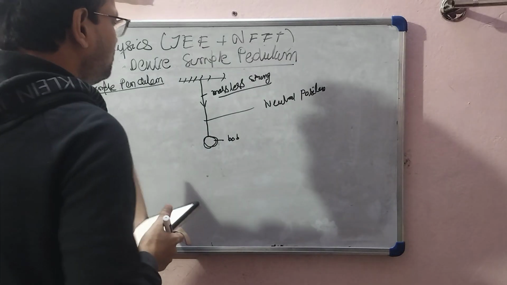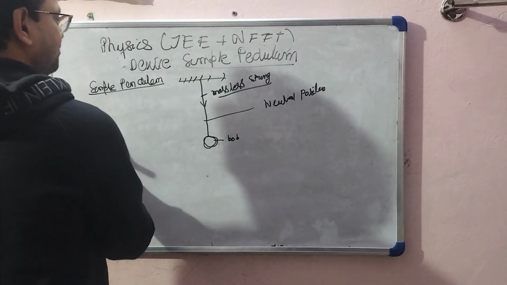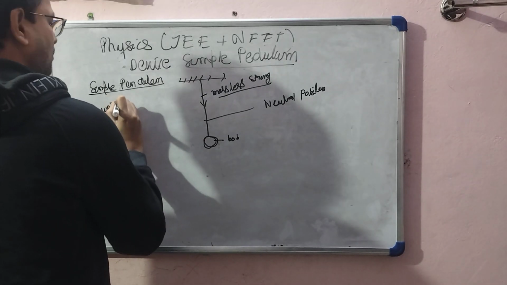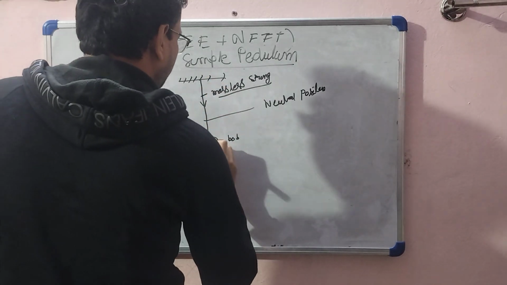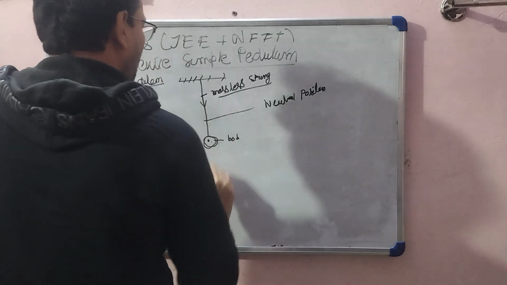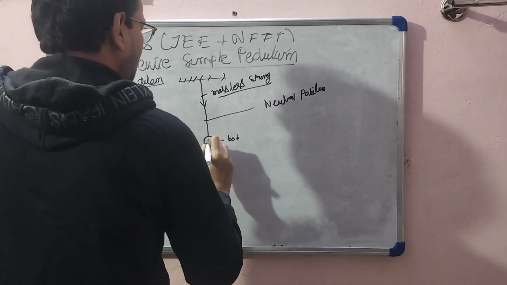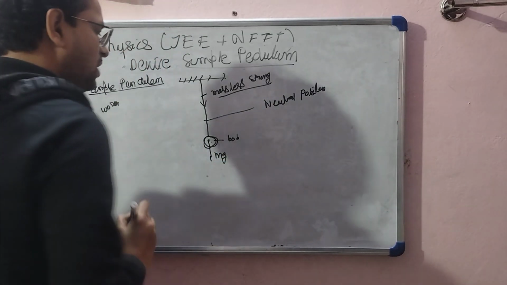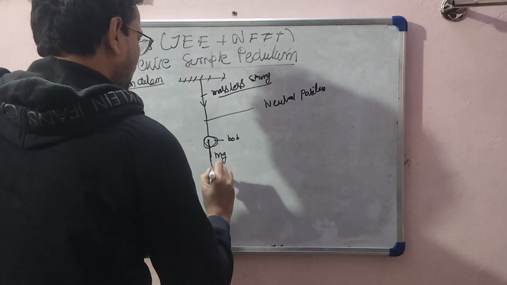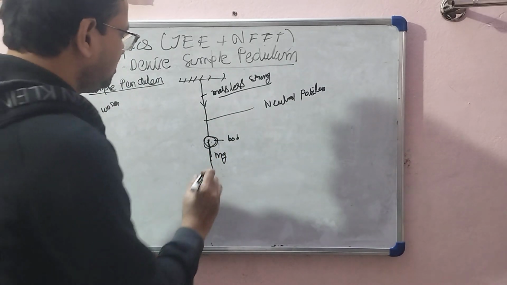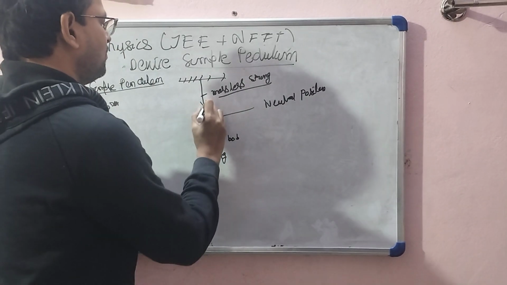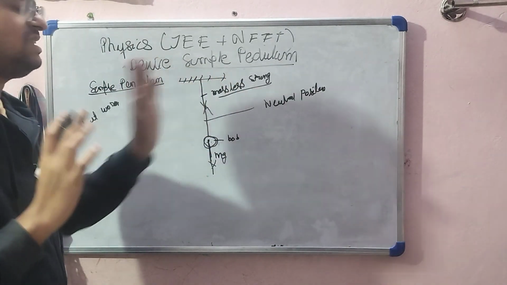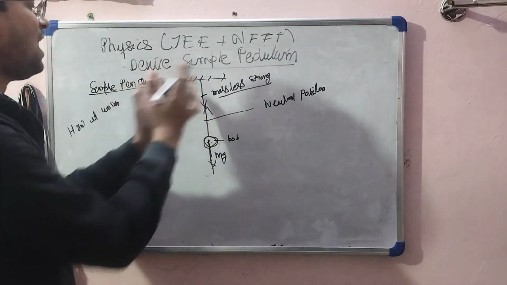What is the principle of that? How does it work? If there is a mass m, the gravitational force is mg. This is the massless string, this is the ideal condition.